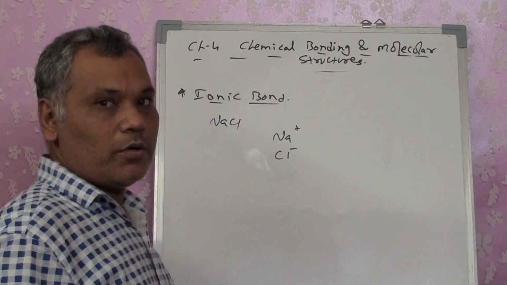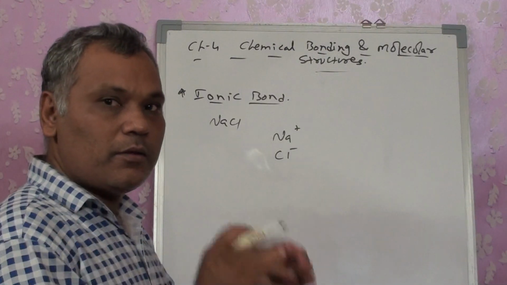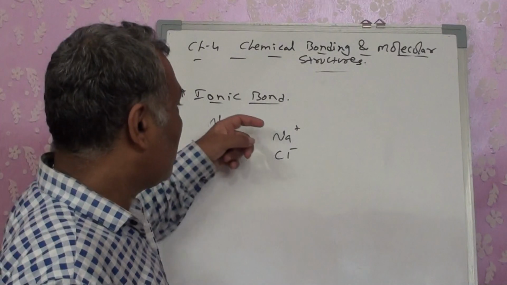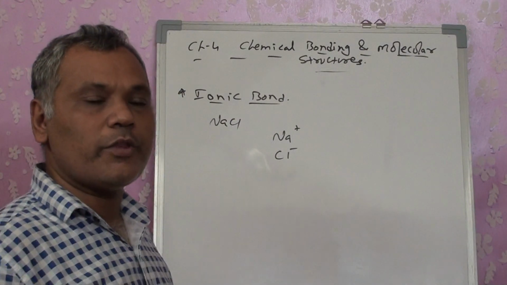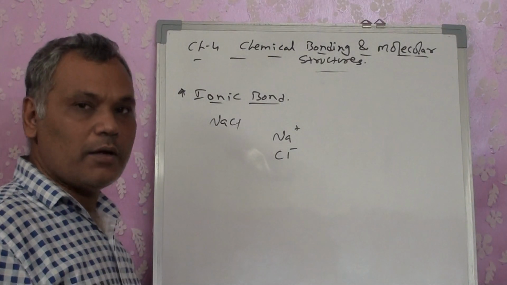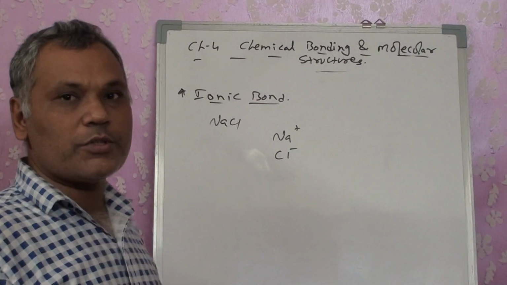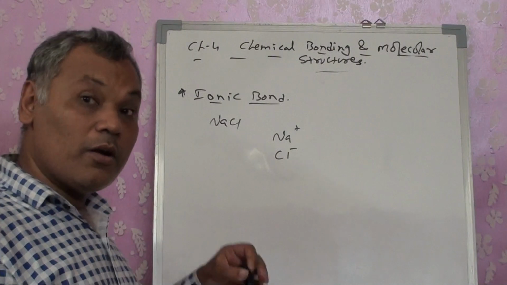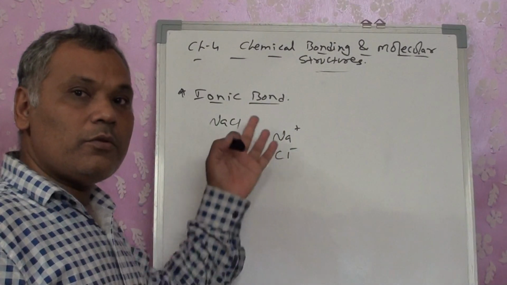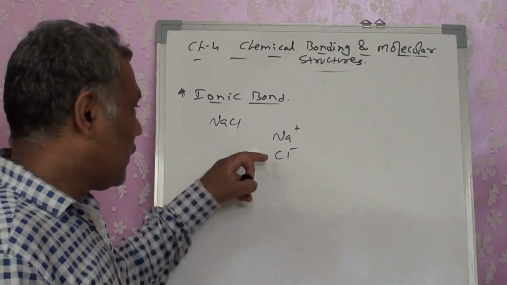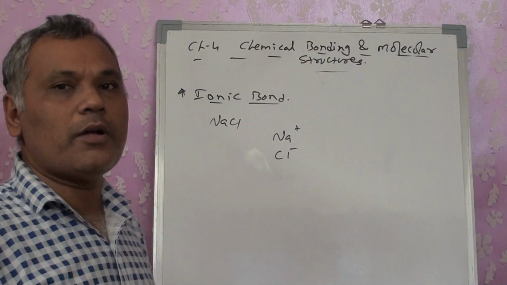No doubt that as per the lower standard, the definition is that oppositely charged ions having a force of attraction created between them is considered an ionic bond. But why these oppositely charged ions? Did they already contain the donated electron? Then donated to whom? Gained electron, gained from where?